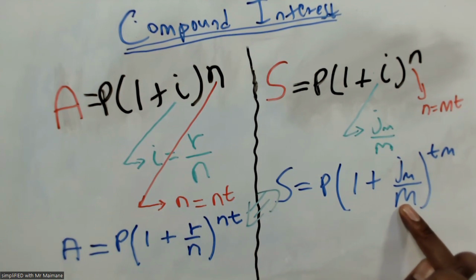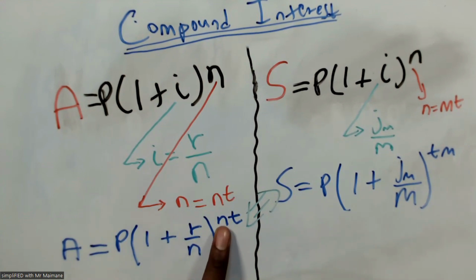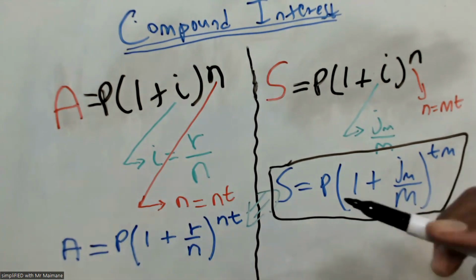If it's compounded monthly, m would be 12. If it's compounded quarterly, m would be 4, because we have 4 quarters in a year. The same applies here: if compounded yearly, n would be 1. If compounded monthly, n would be 12. If compounded weekly, n would be 52 because we have 52 weeks in a year.